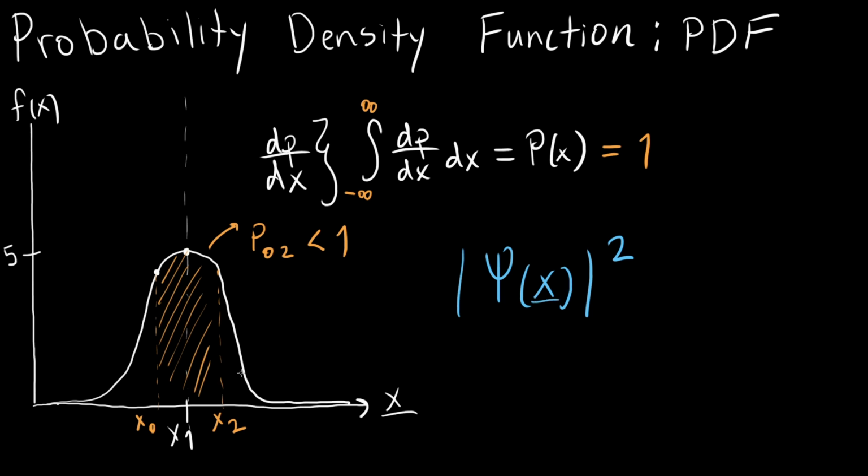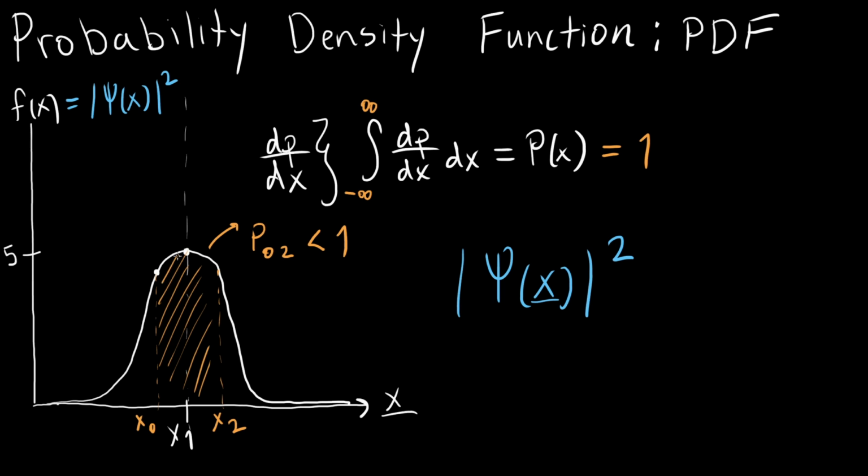So this is exactly the same graph, except we would just replace this by a new symbol. And this shows up in quantum mechanics, since in quantum mechanics, particles are not just at one location. There is a probability density of where a particle could be.